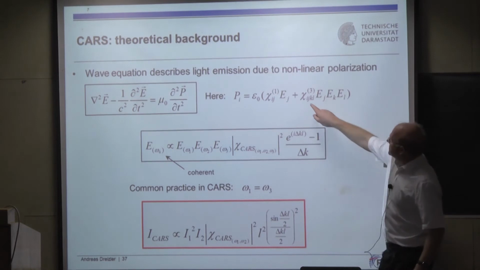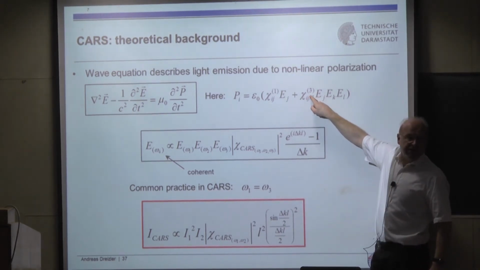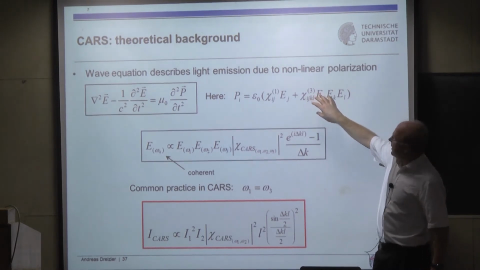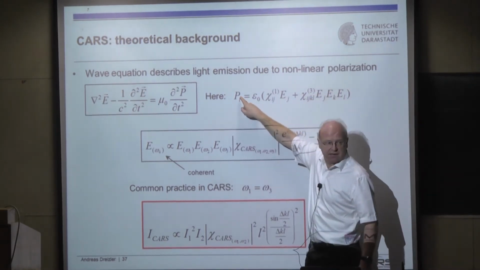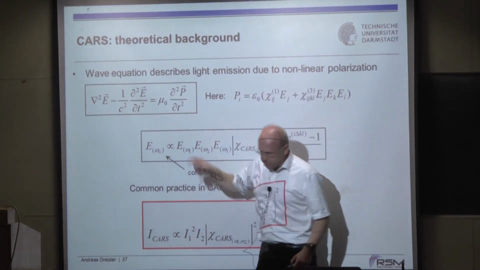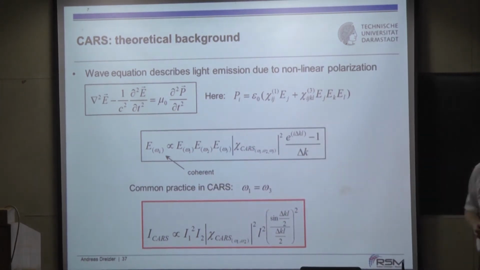And in this term here, the fractional population is embedded. So the temperature information is already contained in this polarization term. And this is the source term used to calculate the signal intensity.